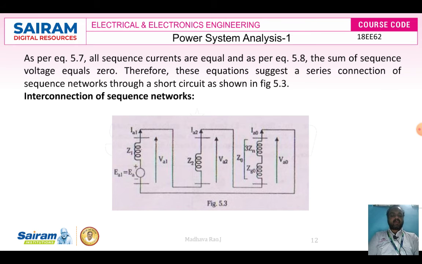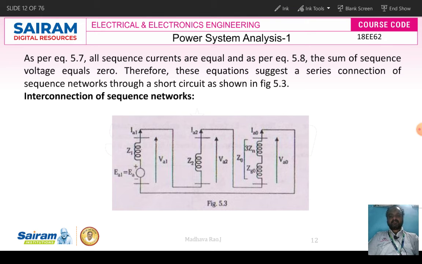So here we have sequence networks, using the above diagram of the star connected synchronous generator. So here we can draw the sequence network. All sequence currents are equal.